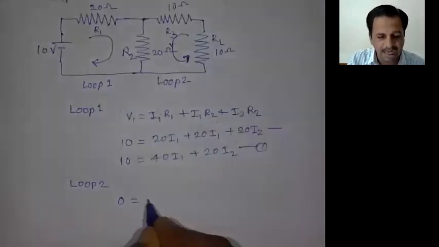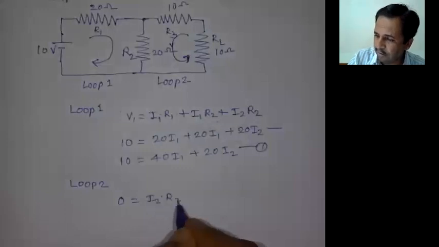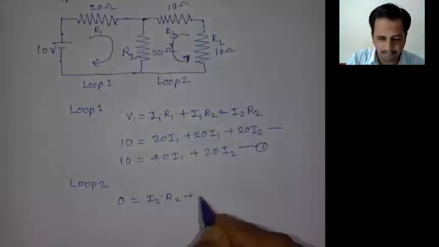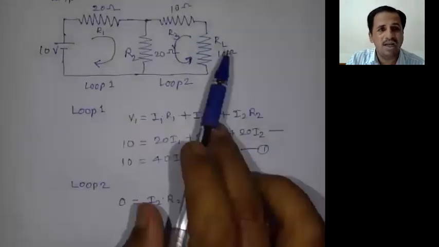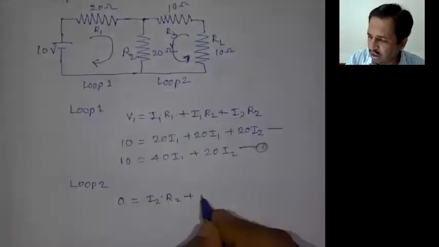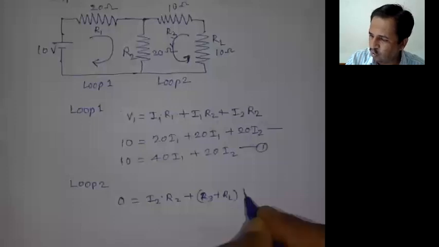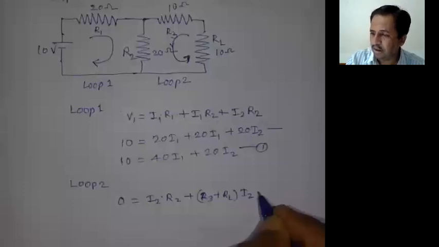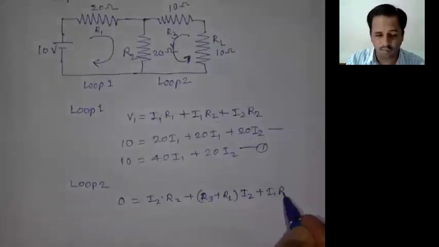Therefore we have to write the equation directly, that is I2 R2 plus, here it is 10 and here 10, so I have to directly write 20 ohm, because these are series combination resistors. That is R2 plus R3 plus RL into I2, plus 20, that is I1 R2.